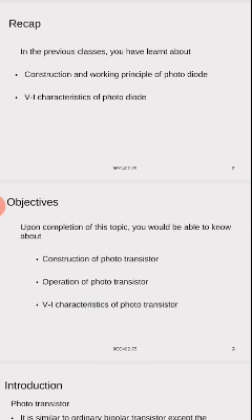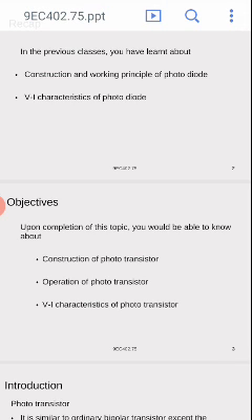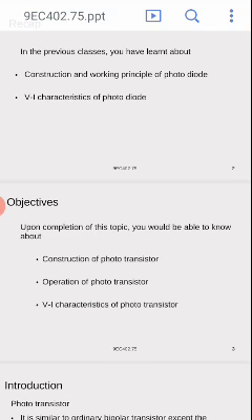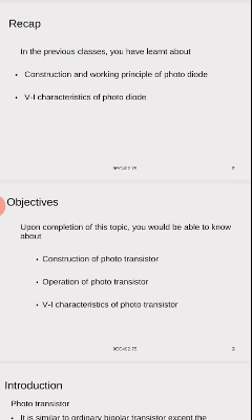We discussed clearly about the photodiode, its characteristics, photodiode applications, construction, and all these belong to the photodiode. We discussed VI characteristics and applications of the photodiode in the last class.